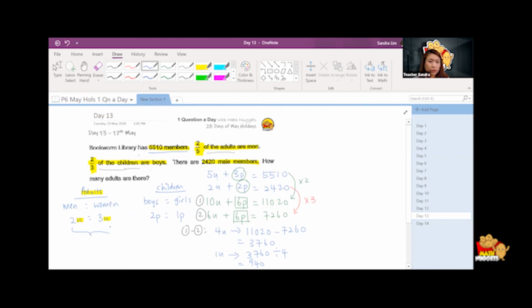Total adults here, you have 5 units. So you just go and solve for 5 units. Okay, 940 times 5. 4,700. That's the answer.